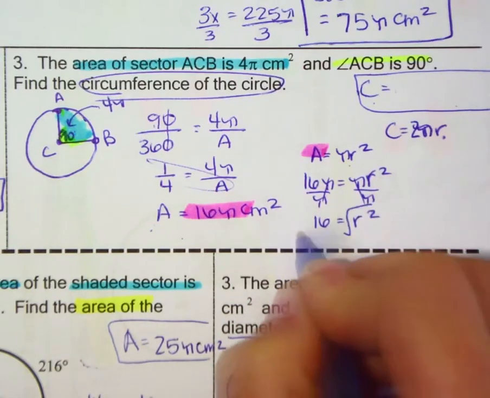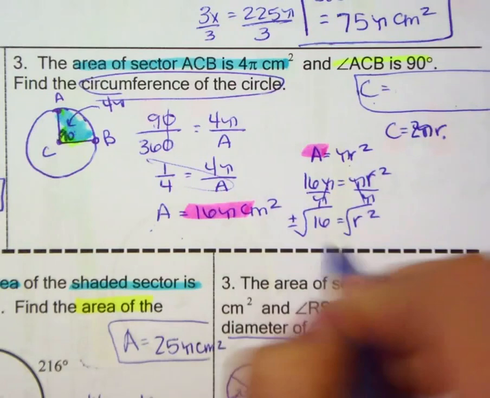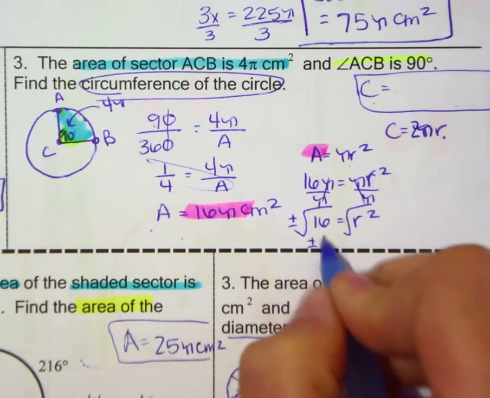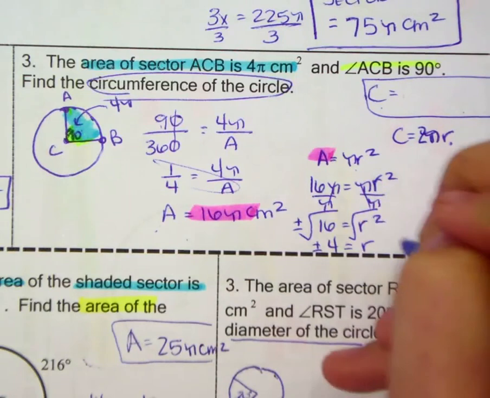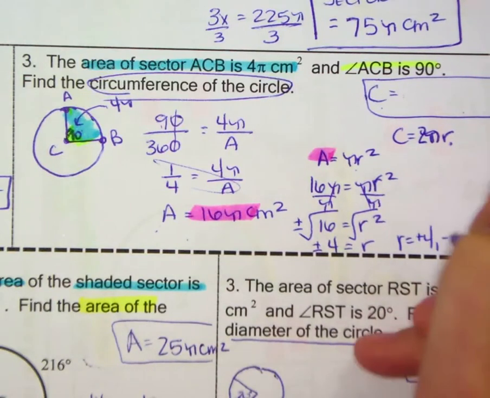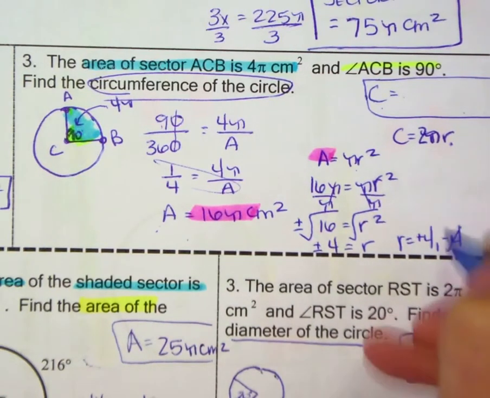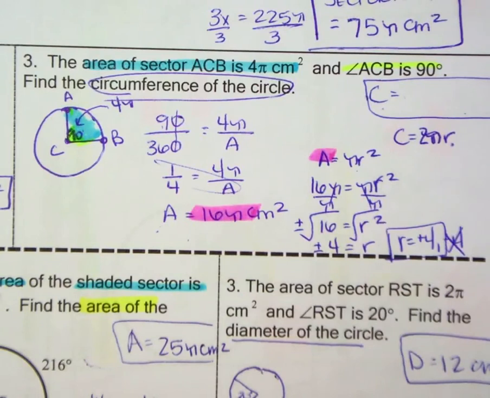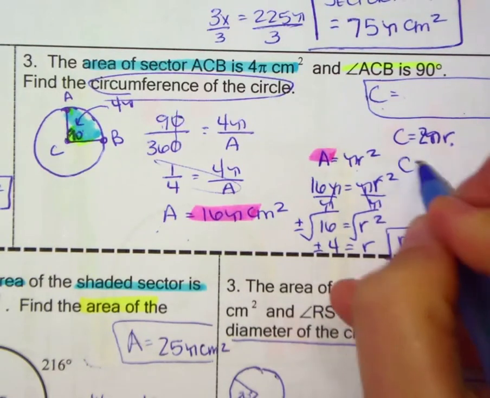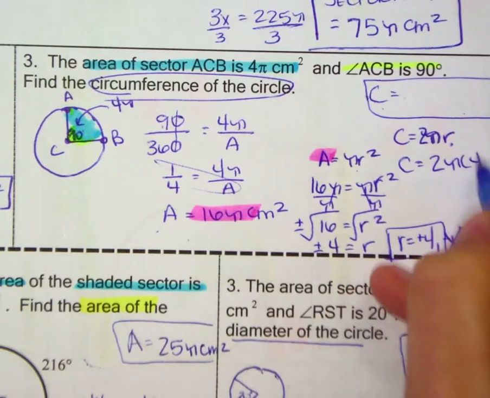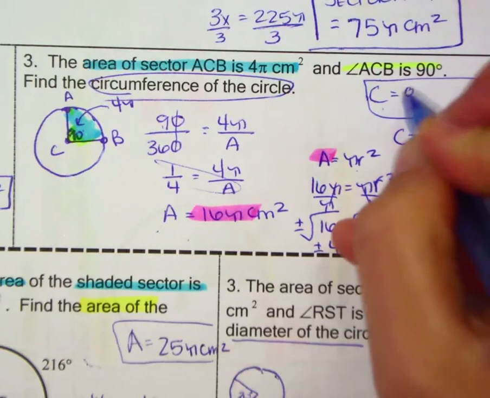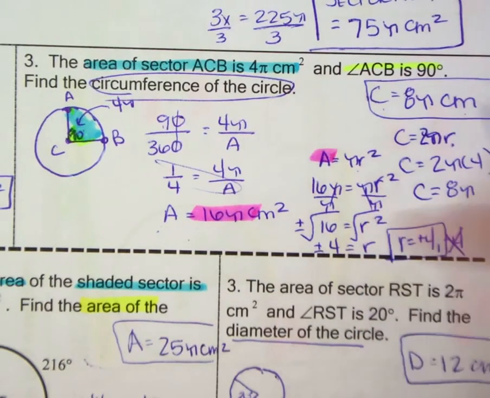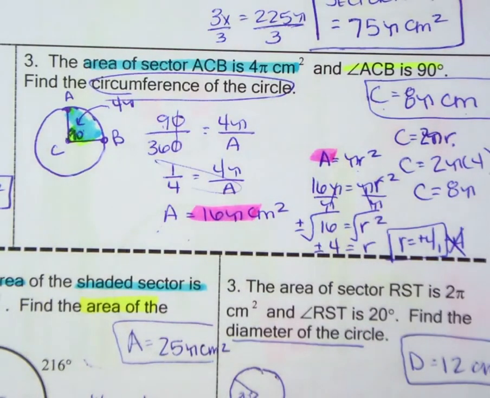Inverse operation, square root, which actually means plus or minus. Square root of 16 is 4. The radius is either positive 4 or negative 4. But since this is distance, we know the answer is positive 4. Substitute it into the circumference. The circumference is 8 pi centimeters. You may need to review that to get a second look at it.